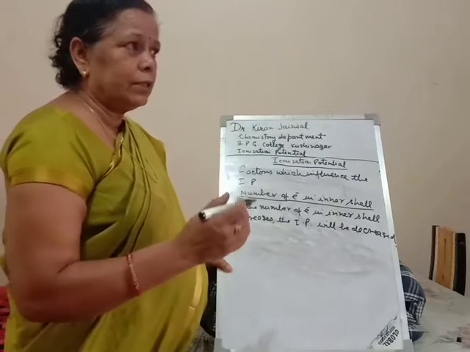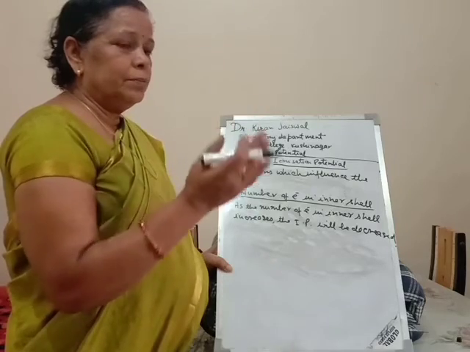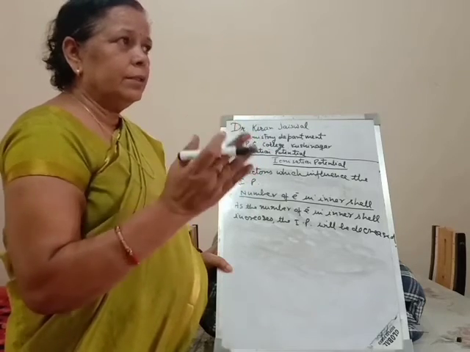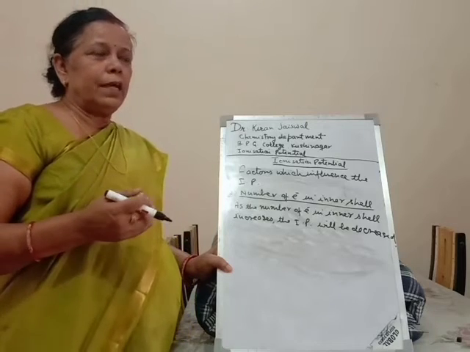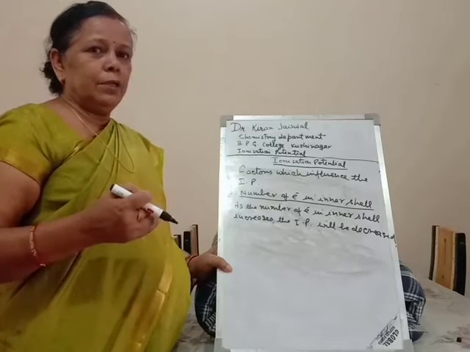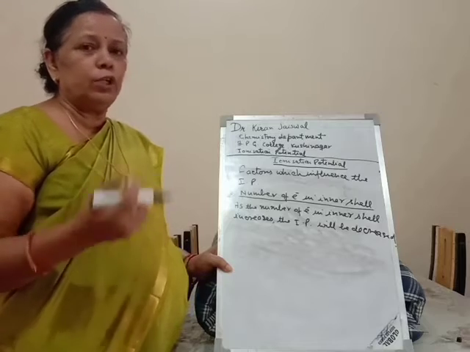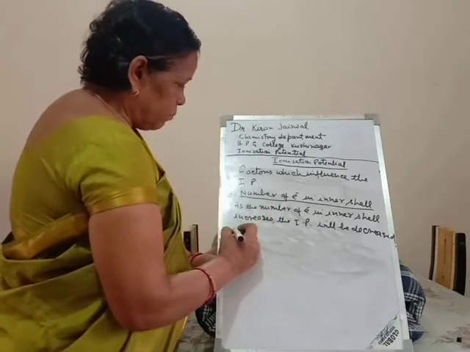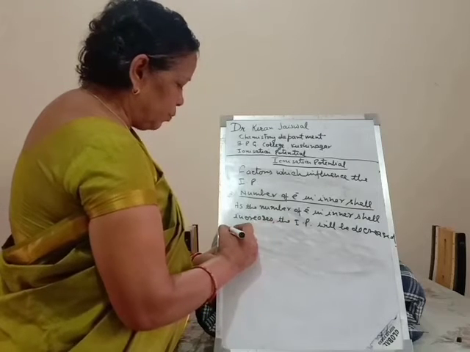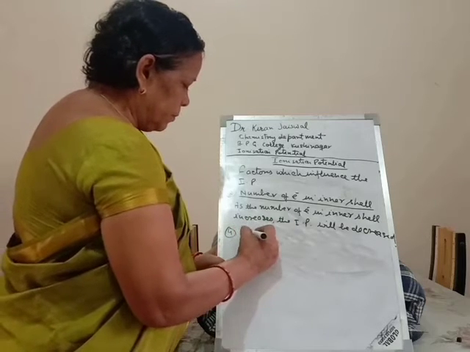The outer electrons experience less attraction from the nucleus, and that is known as the shielding effect. The next point is the penetration effect.